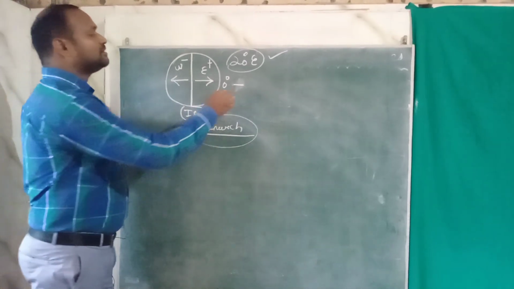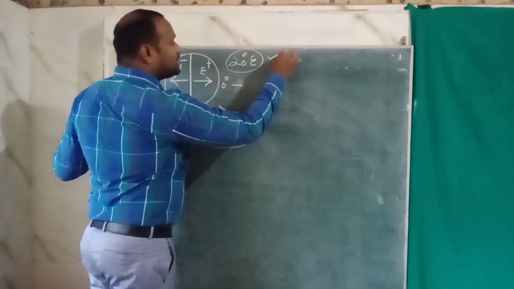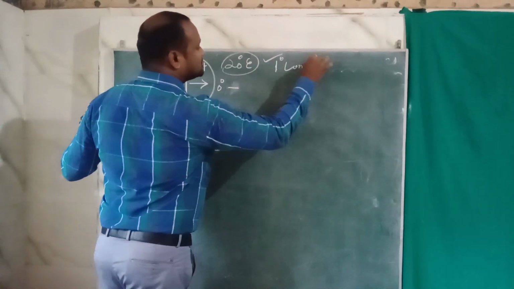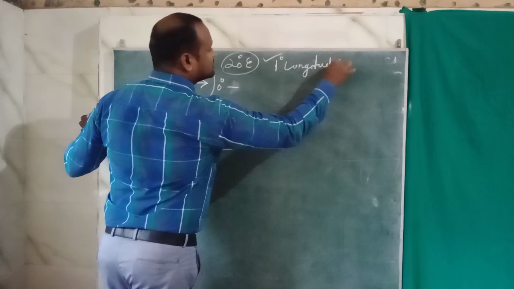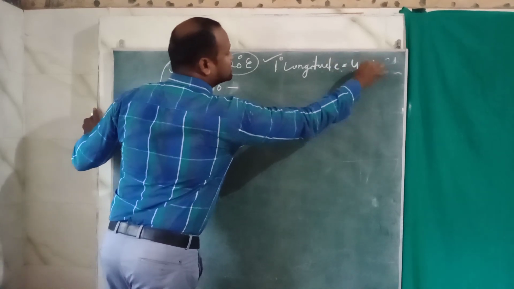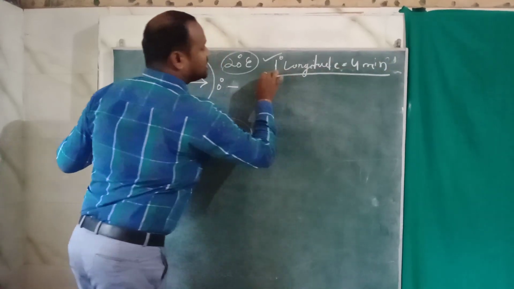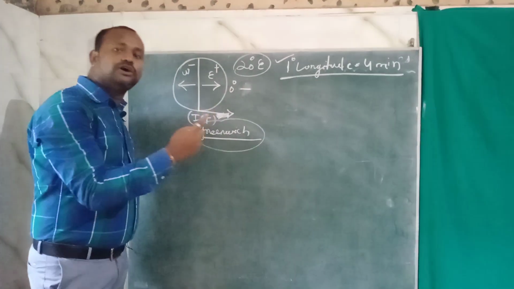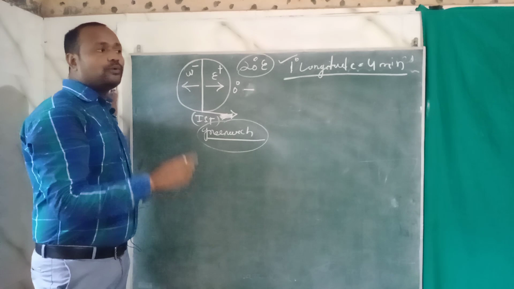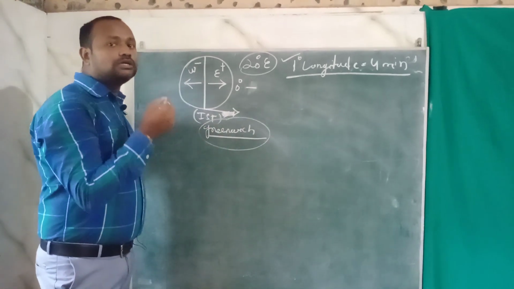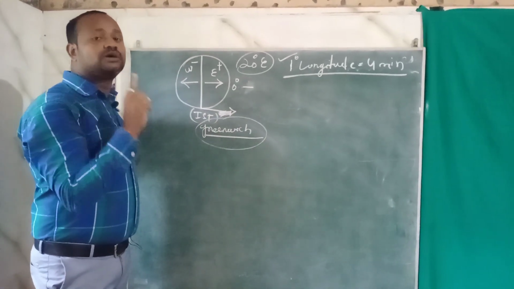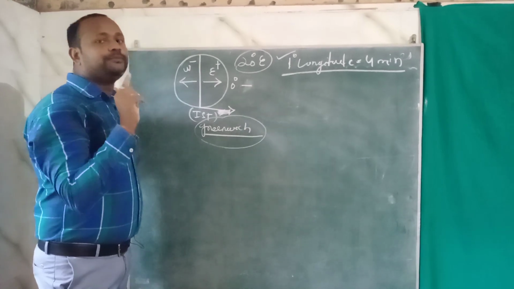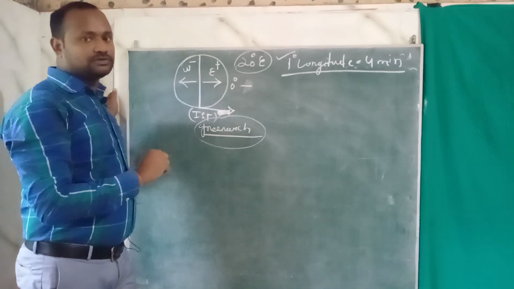Another thing you have to remember: 1 degree longitude is equal to 4 minutes. What does it mean? It means that because the earth is rotating, while rotating, the earth takes 4 minutes to cover one longitude.